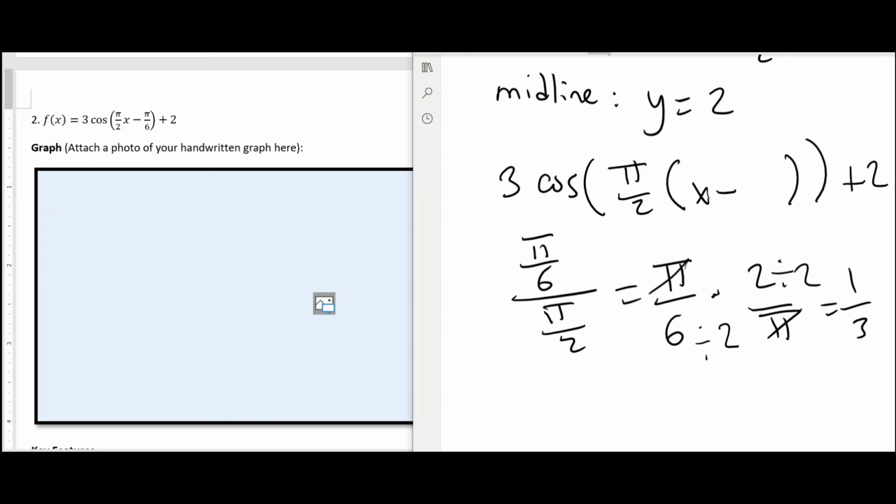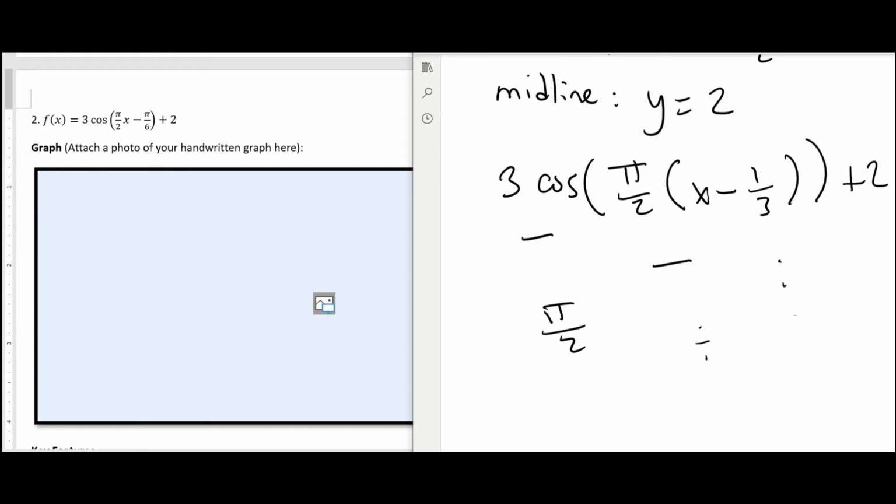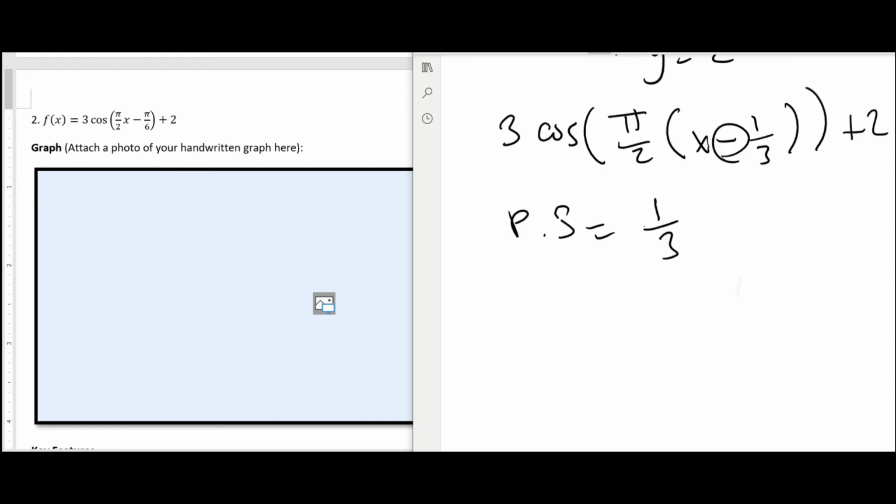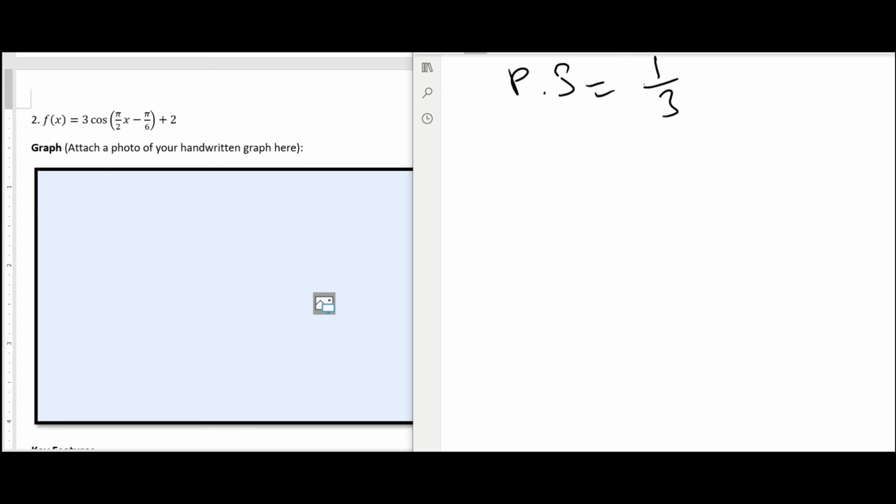All right, so this is going to be 1/3 right here. Okay, I'm going to go ahead and erase this now. We're going to do the graph. Oh, we got to do the phase shift. So since this is negative, that means your phase shift is positive. So my phase shift is 1/3. Okay, now we're ready to graph.